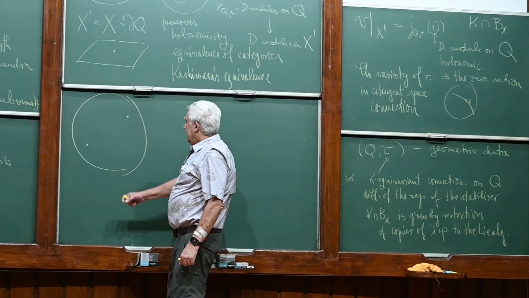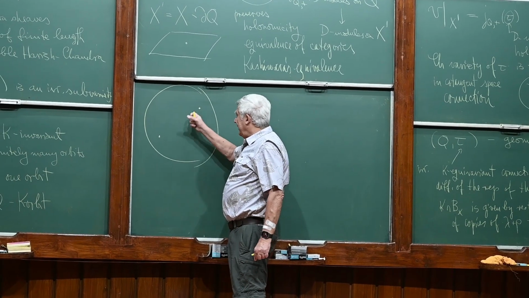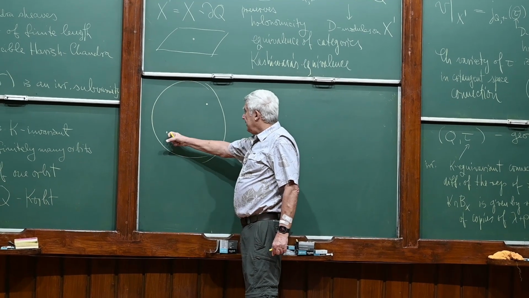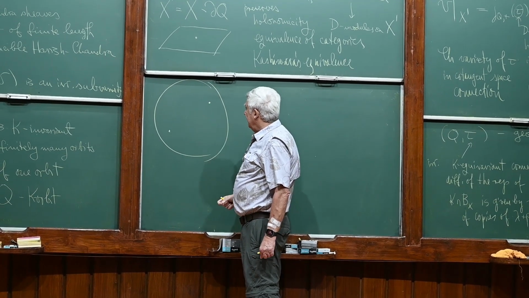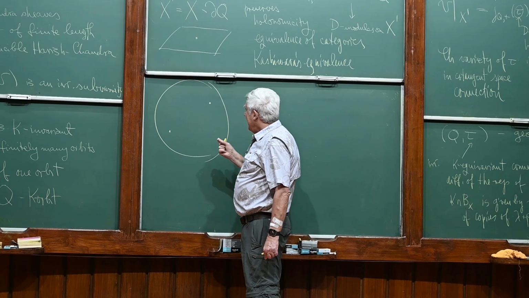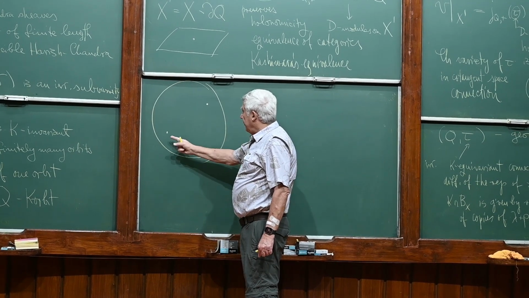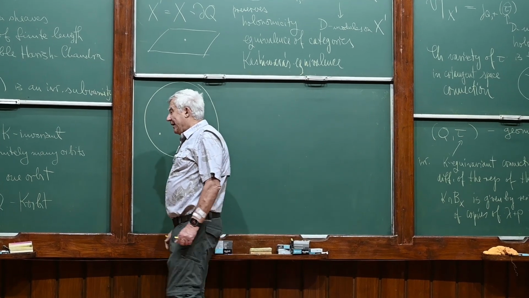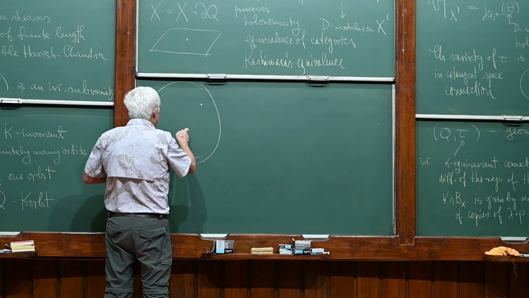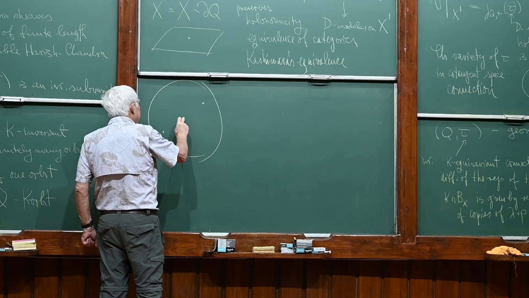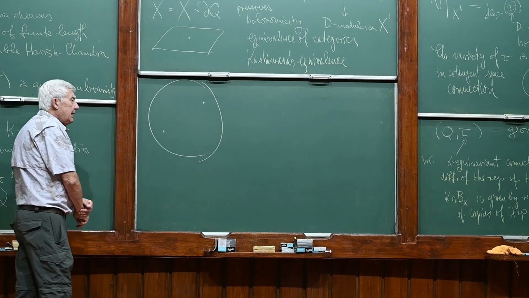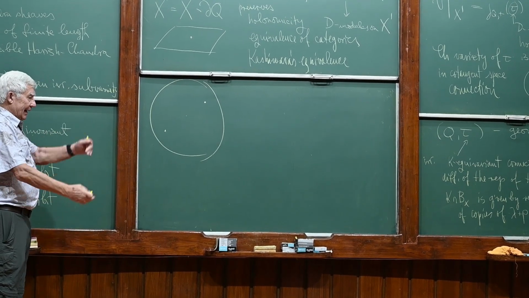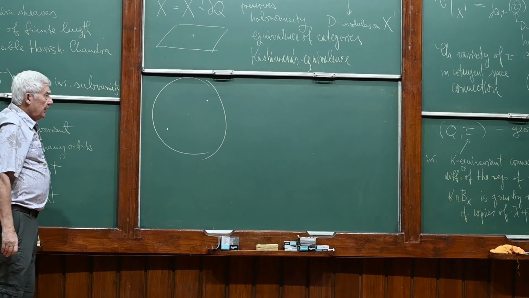So here you will have an integrality condition on one hand, and also the orbit for each integral lambda will give you exactly one D module. Here, the stabilizer of an arbitrary point is plus or minus the identity matrix.